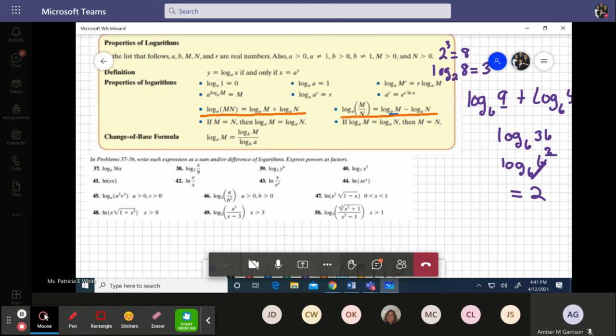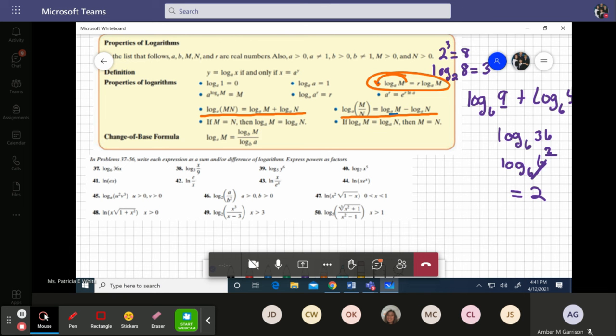It is right here. If I have m to the r, that comes down and multiplies in the front.